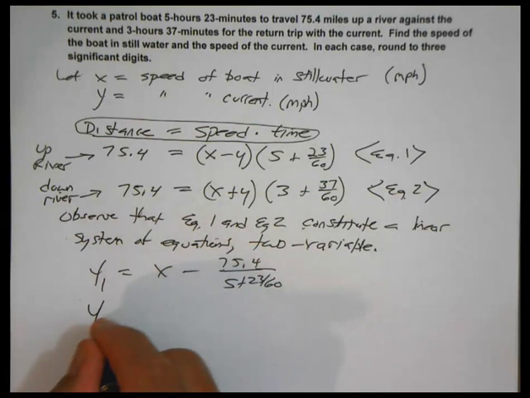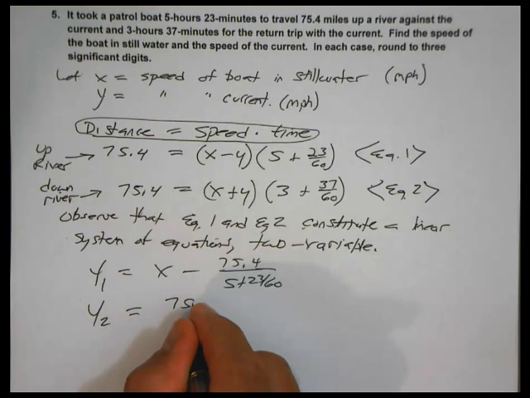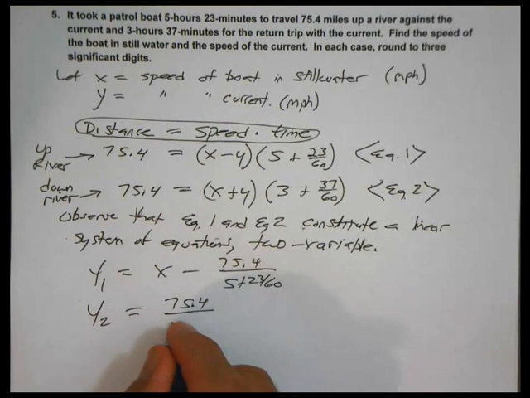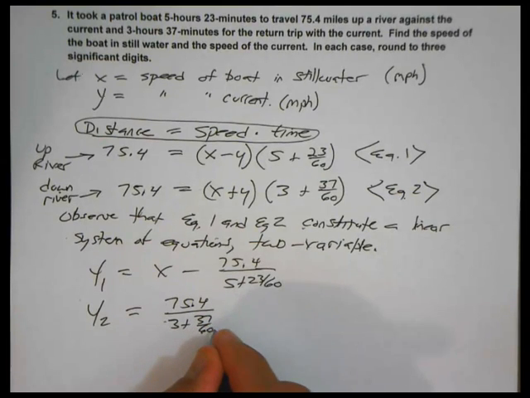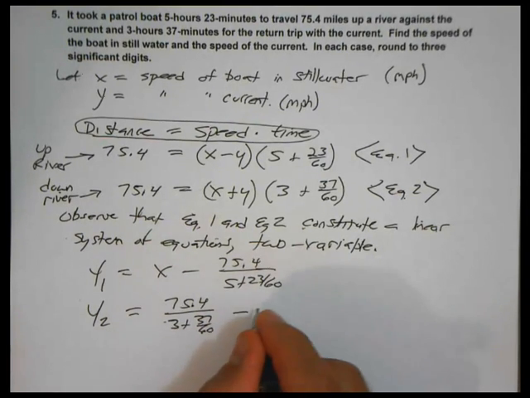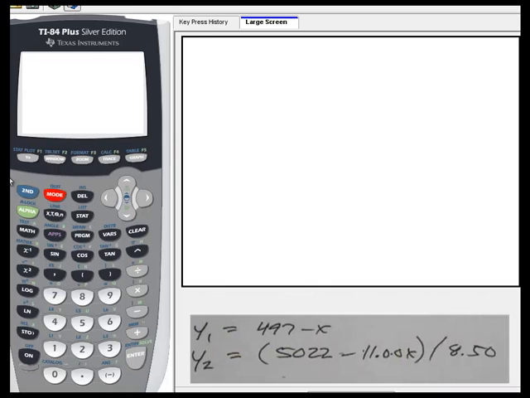Okay, y sub 2 is equal to 75.4 over 3 plus 37 over 60 minus x. Alright, looks like we are ready to go to the calculator.